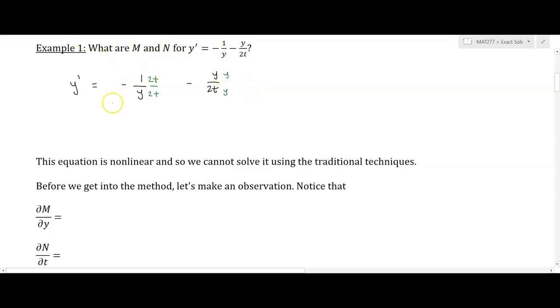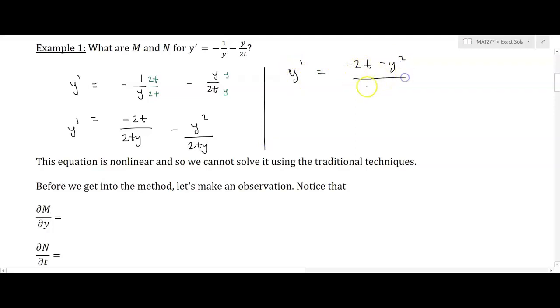So in this first fraction, I'll have negative 2t over 2ty, and in the second fraction, I'll have negative y squared over 2ty. So now because I have common denominators, I can add their numerators. So I'll have y prime equals negative 2t minus y squared all over 2ty.